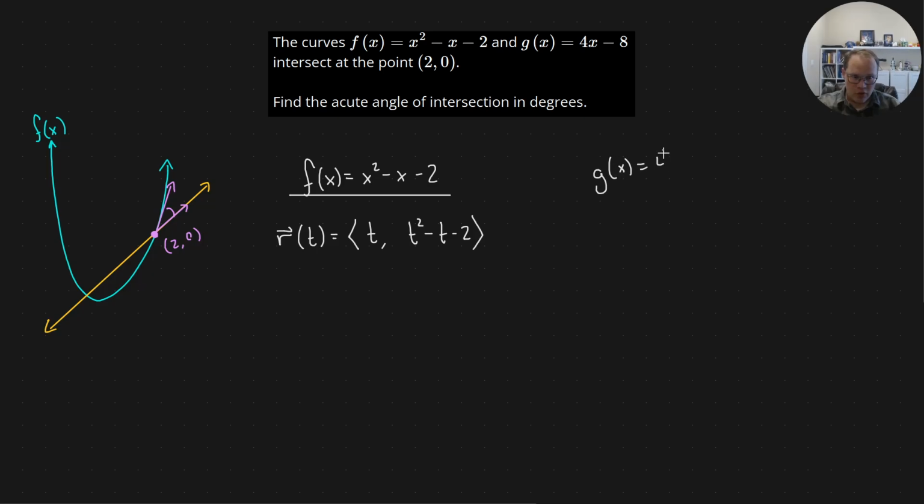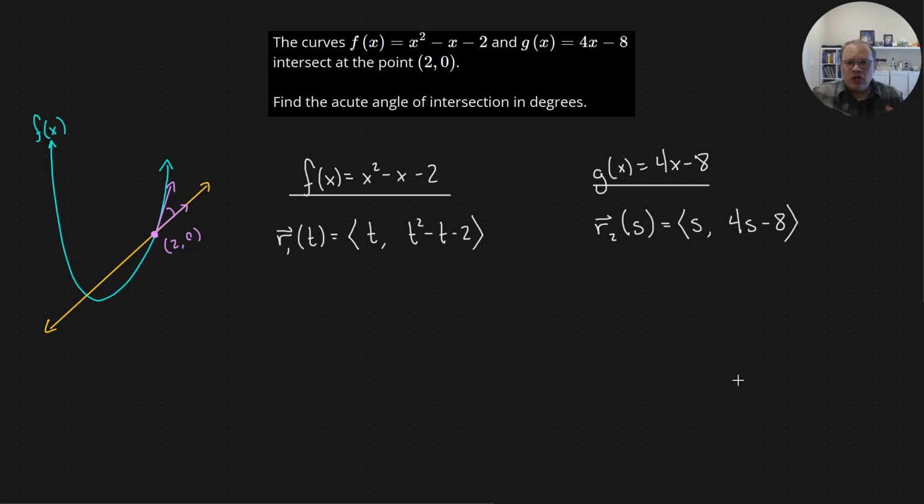G of x equals 4x minus 8. Let's call this R1, so we'll call this R2. And I don't want us to confuse this t with this parameter, so I'm going to give this parameter a different name. I'm going to call it s. I'm going to do the exact same thing, though. I'm going to let x be s, and that means the y value, the output value of this function, would be 4x minus 8. If I plug in s for x, that's 4s minus 8.